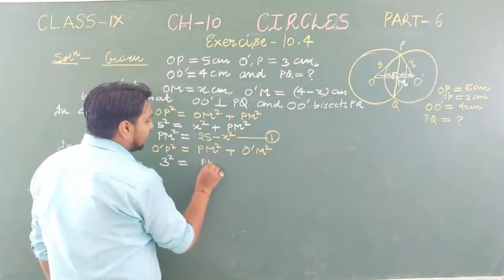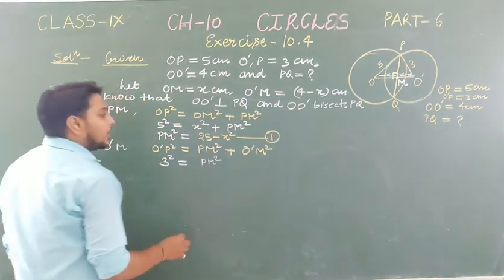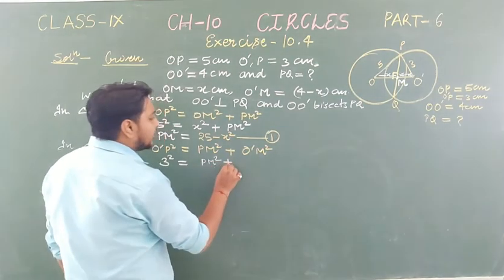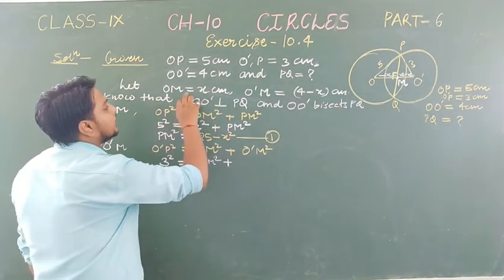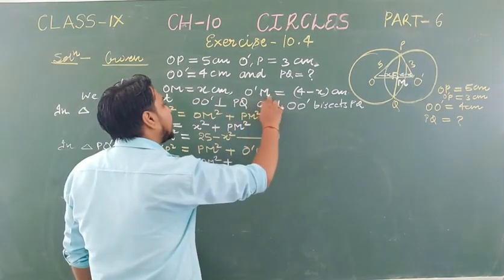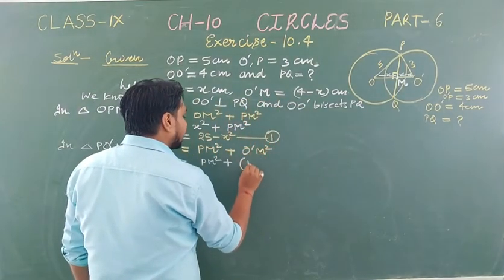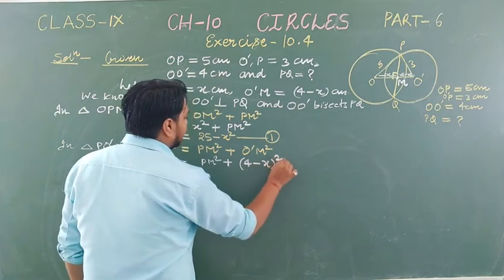PM we don't know. And O'M, since we have supposed OM as x, will be (4 minus x) whole square.